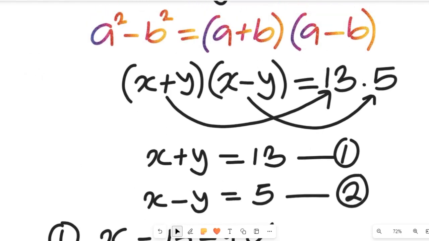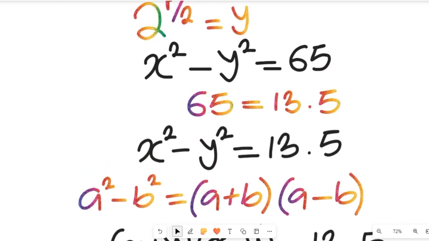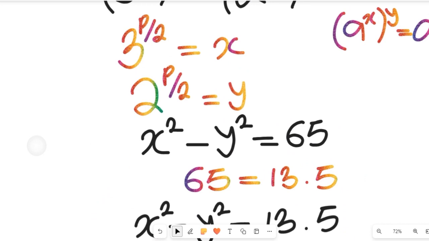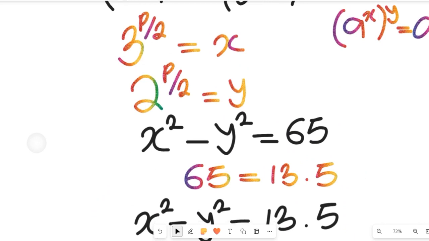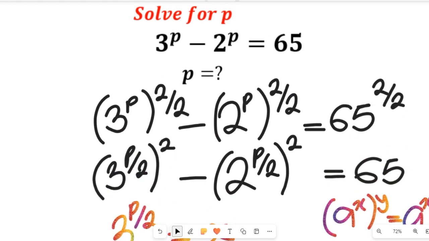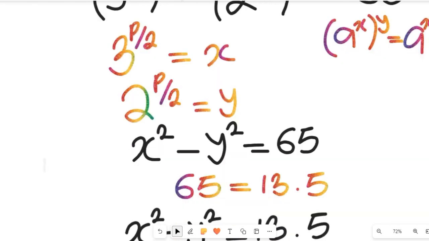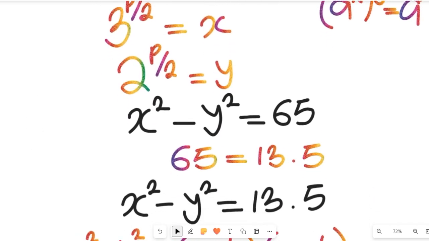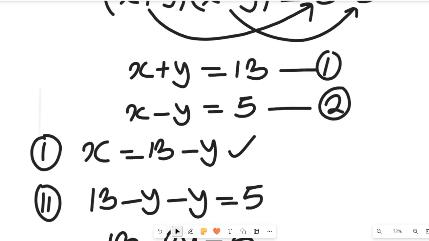Now remember, I want you to recall that we said 2 to the power of p divided by 2 is equal to y, and 3 to the power of p divided by 2 is equal to x. And we are asked to find the value of p, right, from the initial expression. So we're going to substitute the values of x and y into these two expressions.